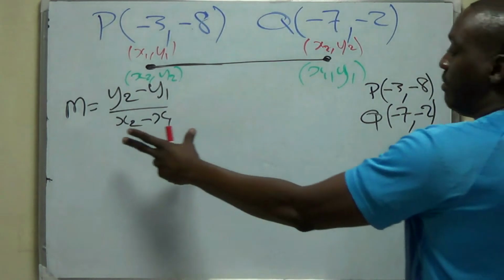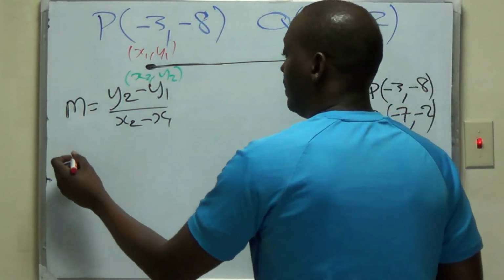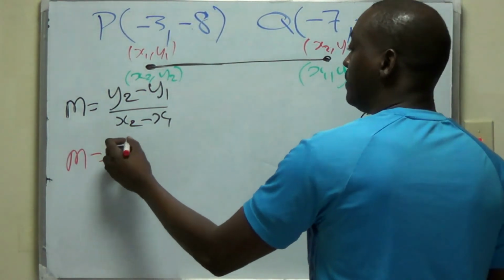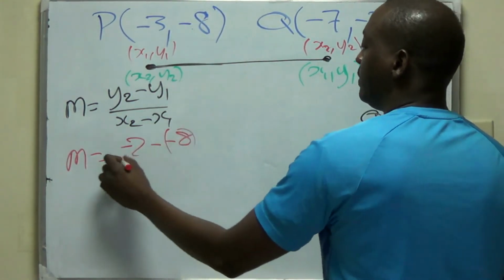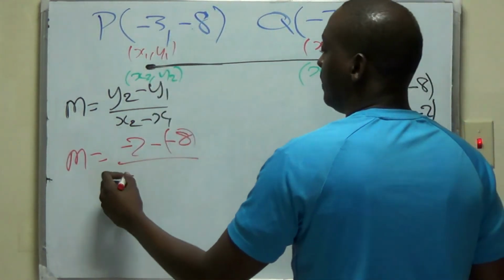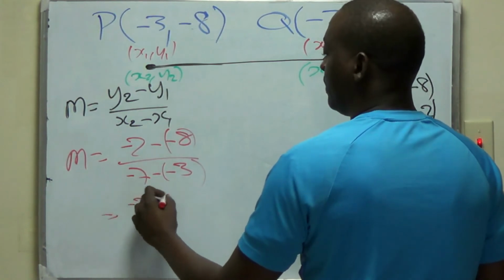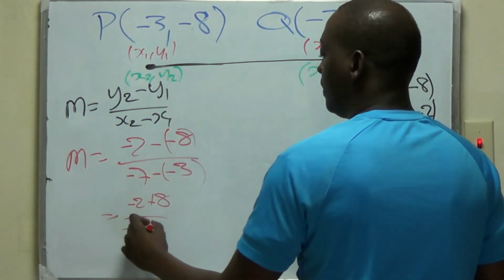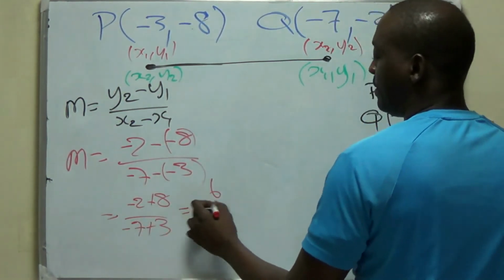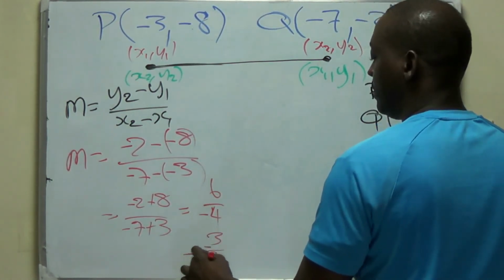So in the red scheme, using the general formula y2 minus y1 over x2 minus x1, m will be equal to y2 minus y1, watch it now, (−2 − (−8)) all over x2 minus x1, (−7 − (−3)), which would be −2 plus 8 over −7 plus 3. −2 plus 8 is 6, −7 plus 3 is −4, which would be equal to −3 over 2.